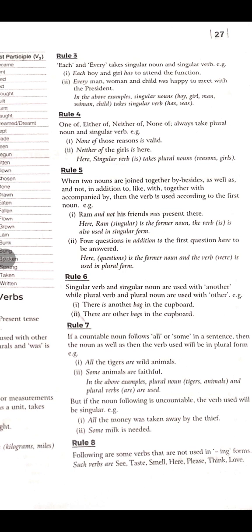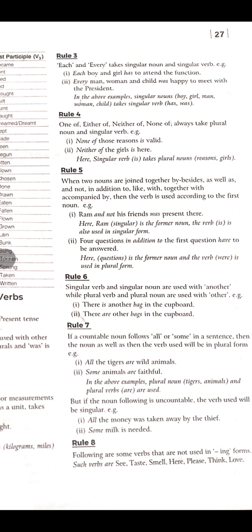Rule 6. A singular verb and singular noun are used with "another", while a plural verb and plural noun are used with "other". Example: there is another bag in the cupboard. So a singular verb and singular noun are used with "another". Okay, "bag" is singular and "is" is also singular.